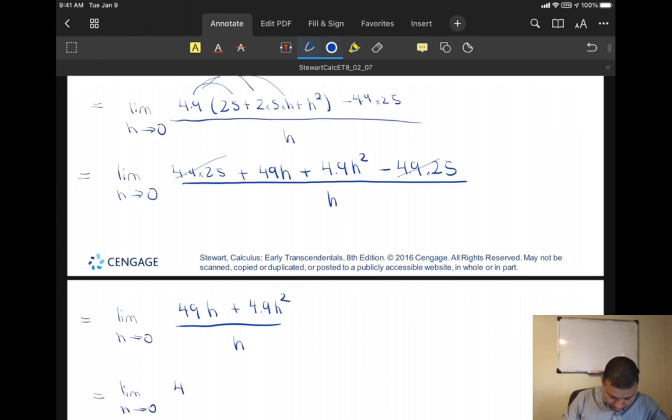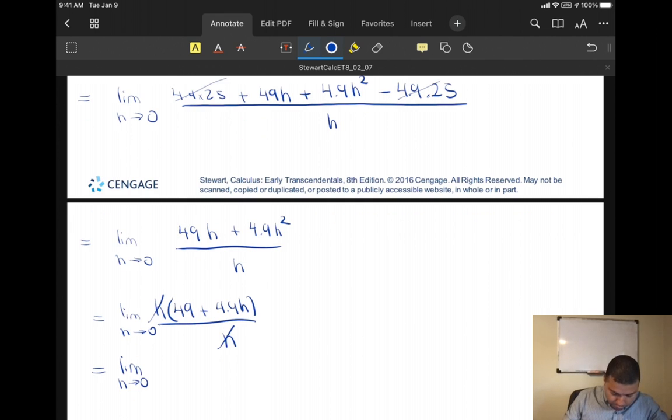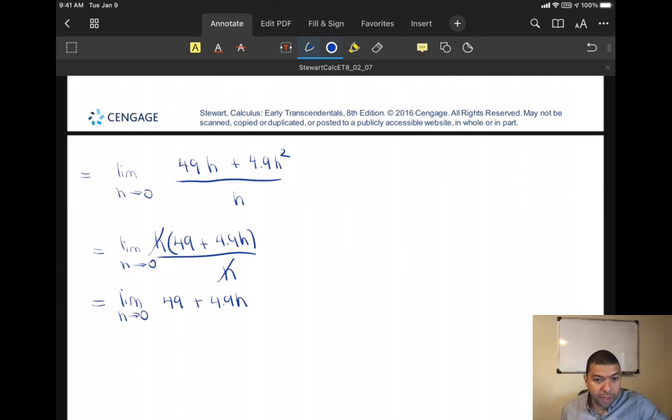So h times (49 plus 4.9h), divided by h. These two cancel. And now you can plug in h, right? Because now there's no longer any issues with the denominator being 0. So that just becomes 49 plus 0, which is 49 meters per second.